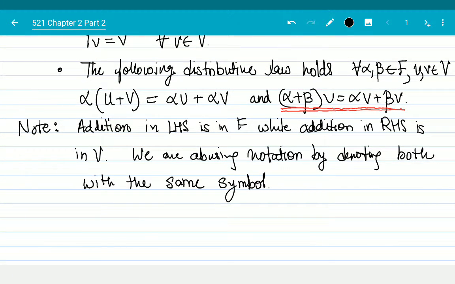One is technically not defined on the other, but since they are defined in their usual ways in the respective places, we are going to say, you know what I mean when I say alpha plus beta. Of course it happens in F. You know what I mean when I say alpha V plus beta V. Of course it happens in V. So I'm just going to use this symbol. Okay.